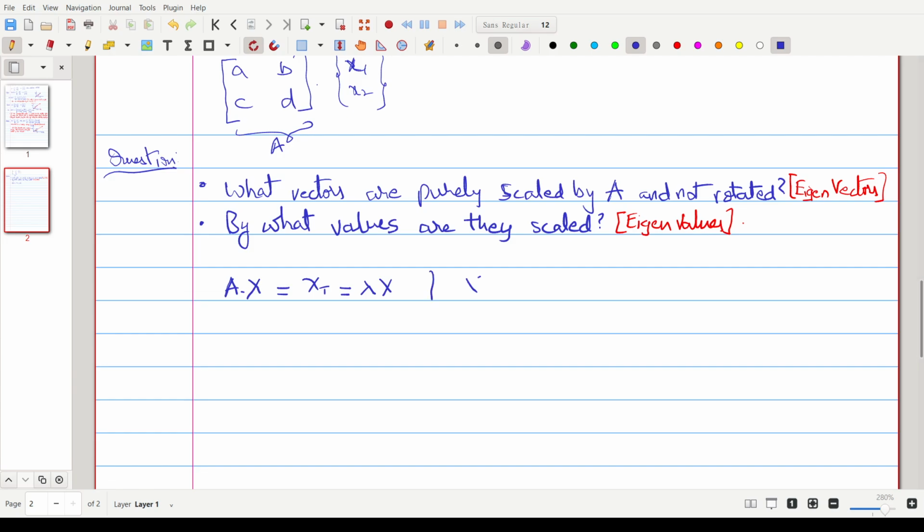So our new transformed vector is essentially just a scalar times the original vector. So we need to find these kind of vectors. And this scalar value by which the original vector is scaled is called eigenvalue.